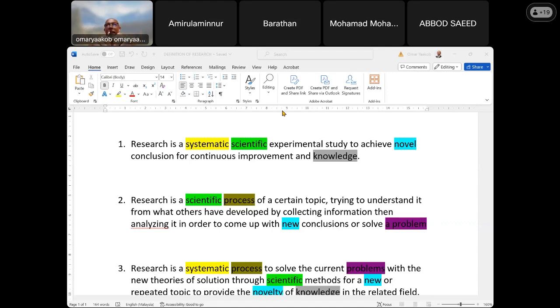Does it mean that when you say the word scientific, it doesn't mean what Abu Bakar said earlier, that it is something to do with the science and technology field? Yes, that very much narrows the definition of research. What I understand, it's just a systematic approach based on scientific methods. Okay.